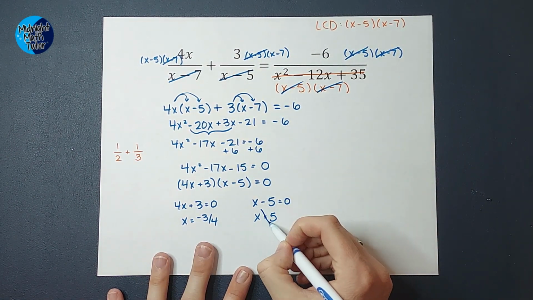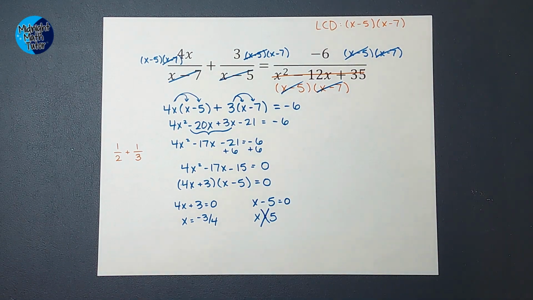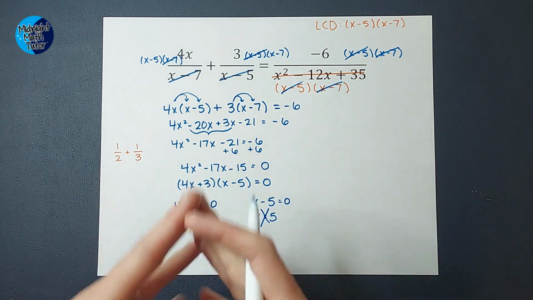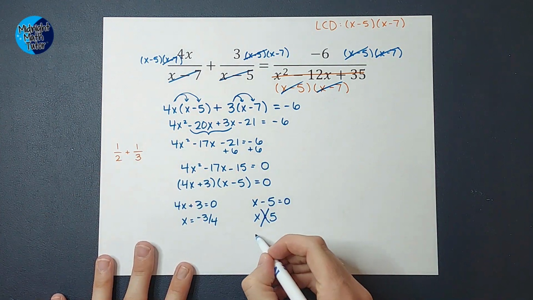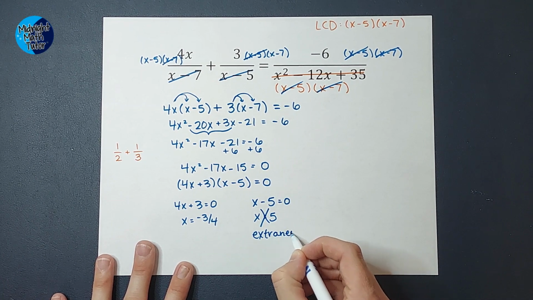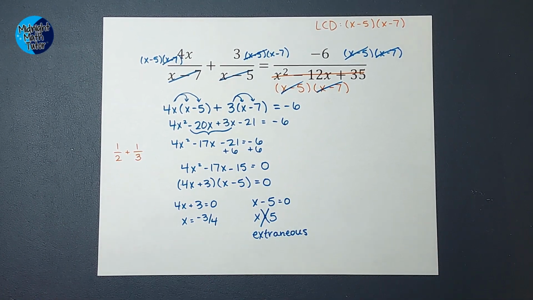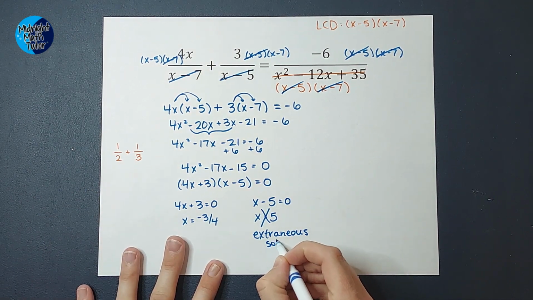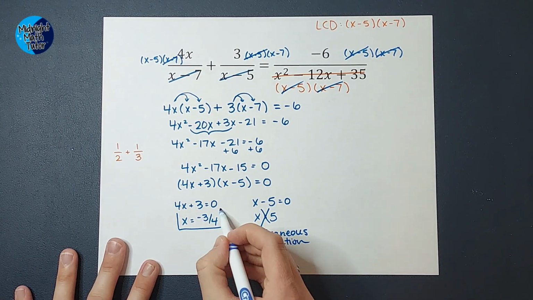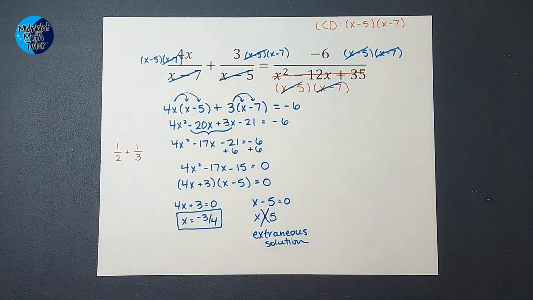This guy is not actually a solution. Even though algebraically it came out as a solution, it's what we call an extraneous solution, okay? So if you were to turn it in to your teacher with x equals 5 as an answer, sorry, you'd probably get docked because it's not actually an answer, okay? So I end up with one answer, which is x equals negative 3/4.